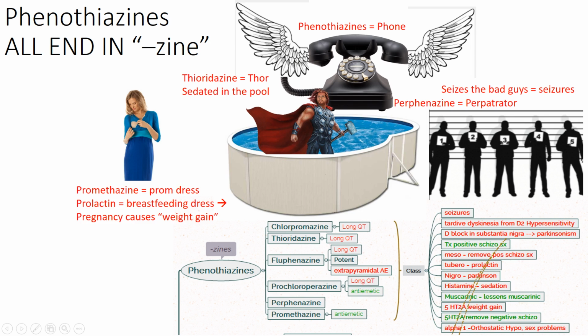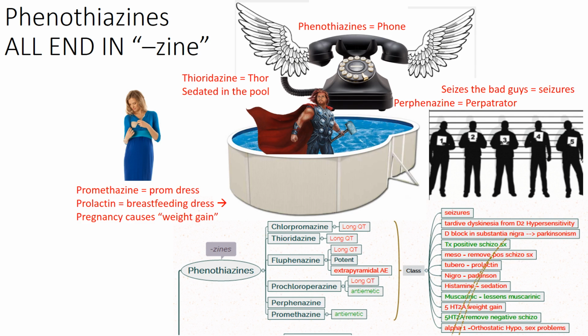This is a prom dress, okay? She's wearing a prom dress, and it's important here, I drew the prom dress with access for breastfeeding. There's dresses that women wear that have access for breastfeeding so that women don't have to take their whole dress off when they feed their baby. And this is important because one of the adverse effects of phenothiazines is that they cause prolactin release because of their dopaminergic effects.